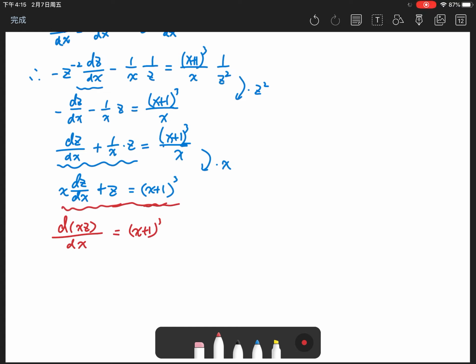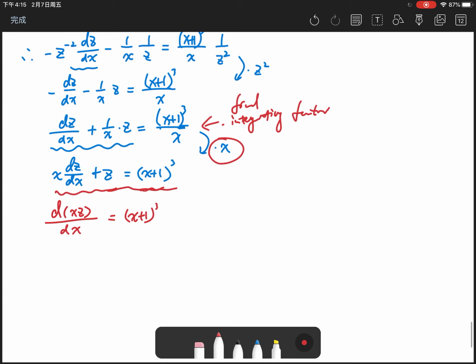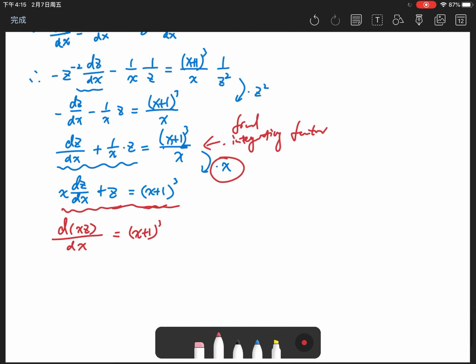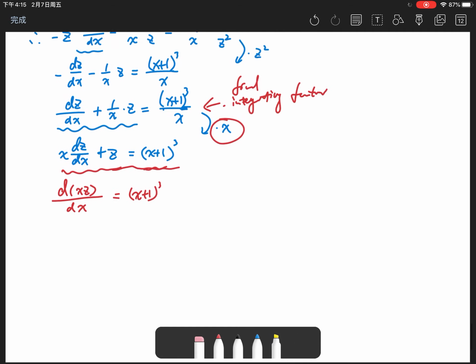But if you cannot find that we should multiply x on both sides, for this one you can use an integrating factor. But here multiplying by x is really a tricky way. We find that if we multiply x, then it becomes type 2.